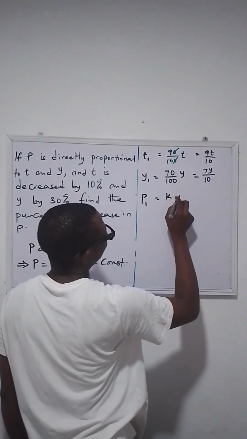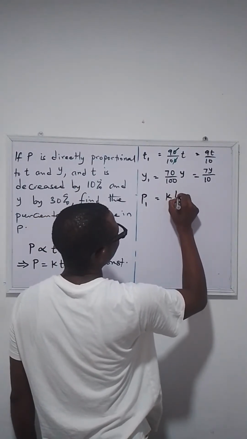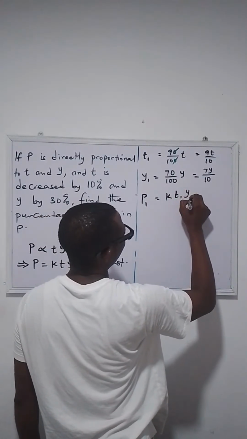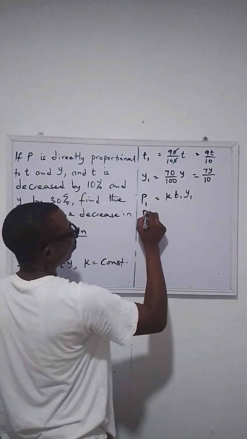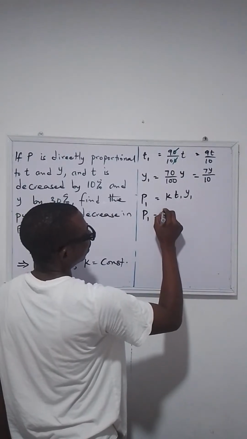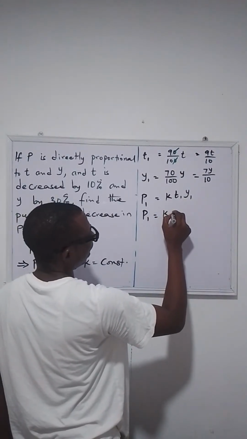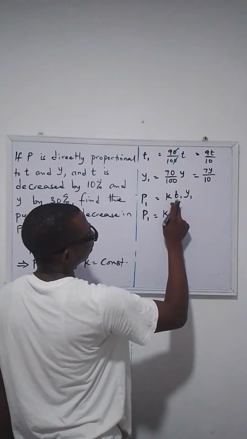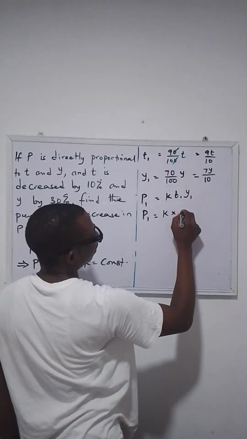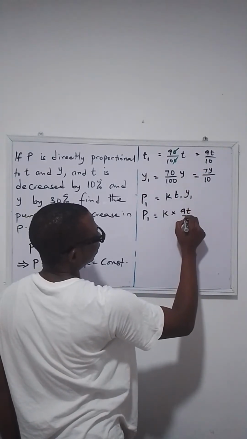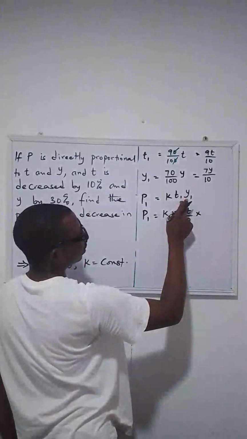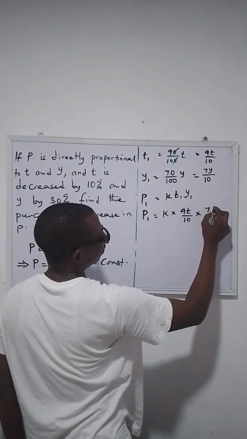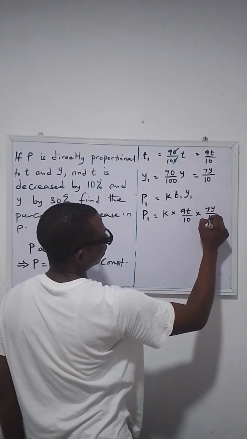So that is going to be K T1 Y1. All right. So we have P1 equals K times T1. T1 is 9T over 10, times Y1 is 7y over 10.